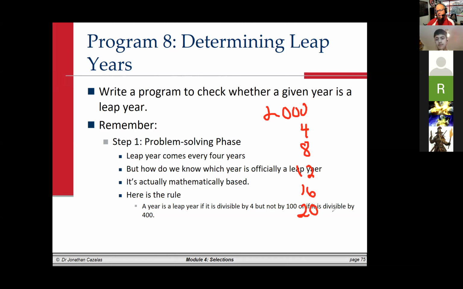The next leap year is going to be 2024. But the year 2100 is not a leap year, even though it's divisible by 4.